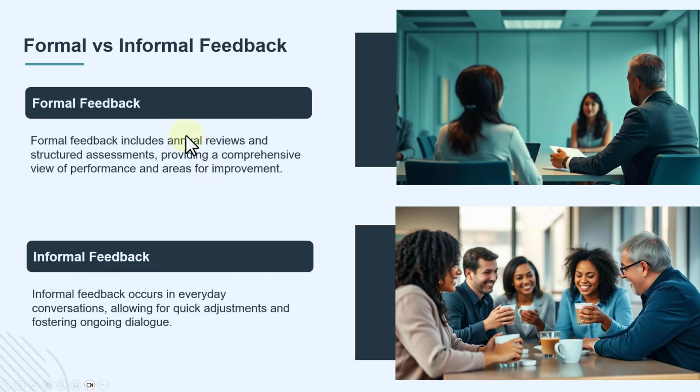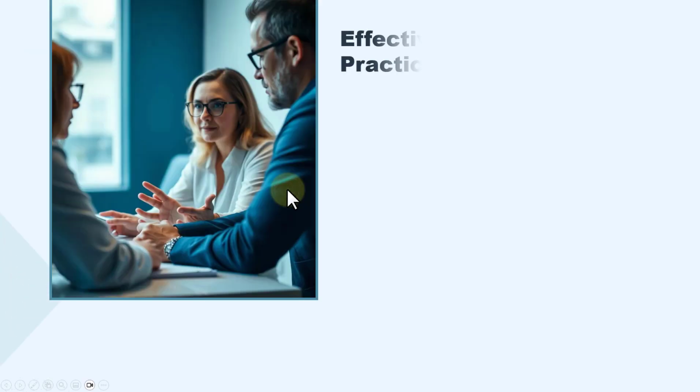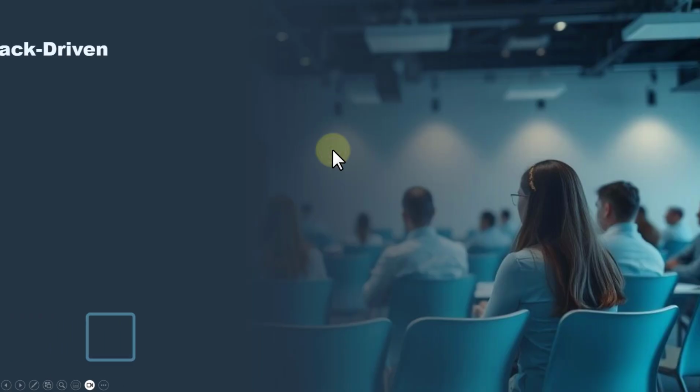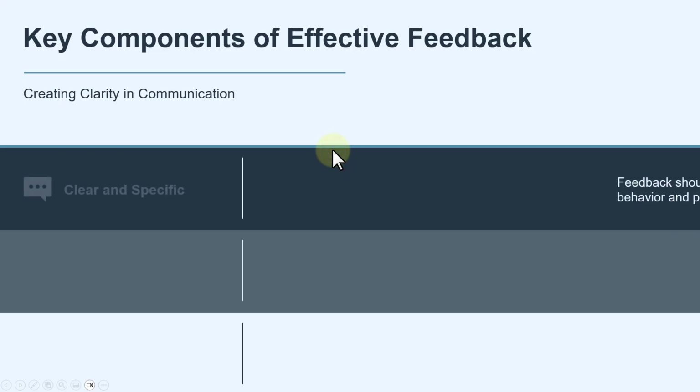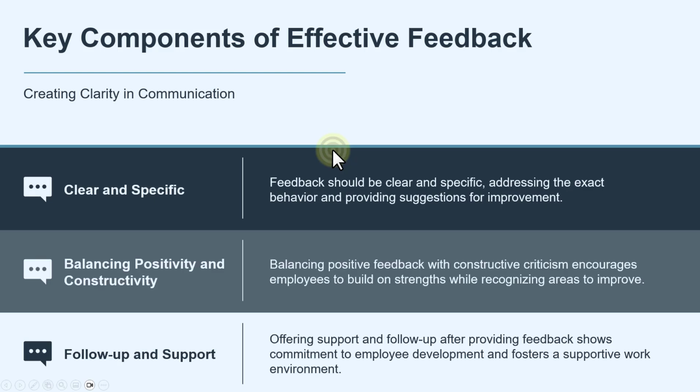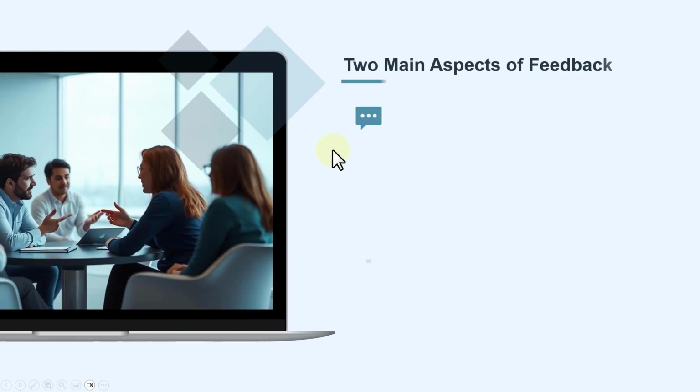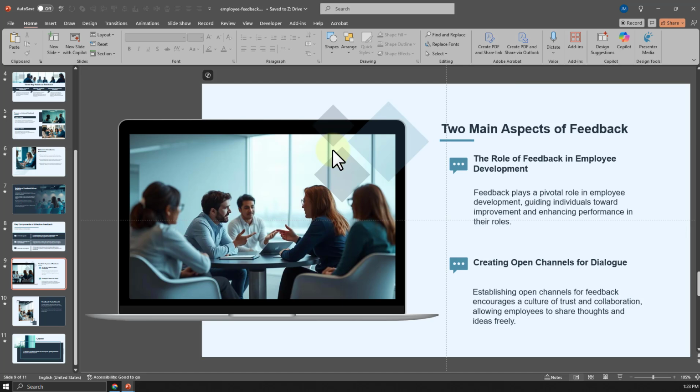Again, you can change any text you want to in here, but I think it's ready to go and present. And yeah, there we go. So I hope you can see how easy and fast it is to quickly make a presentation and generate that with our AI presentation maker.